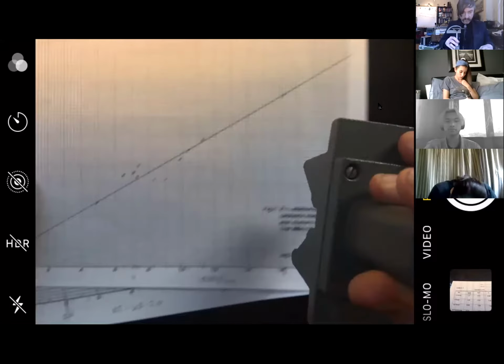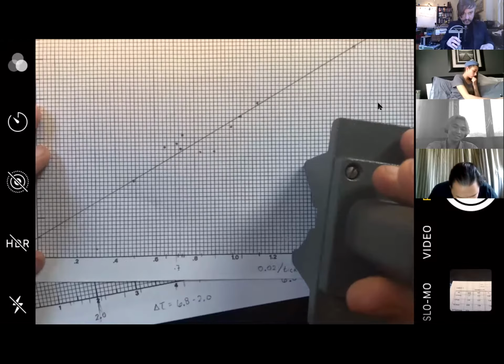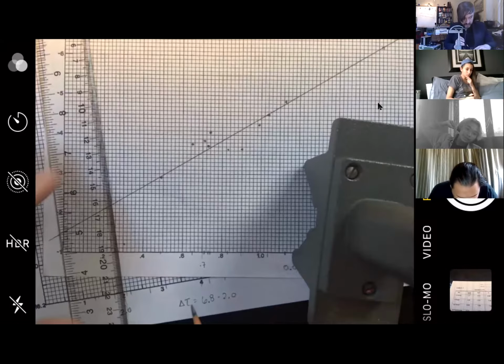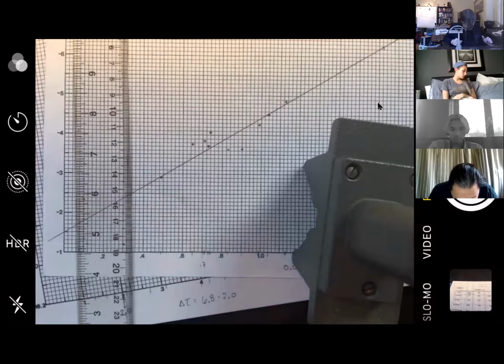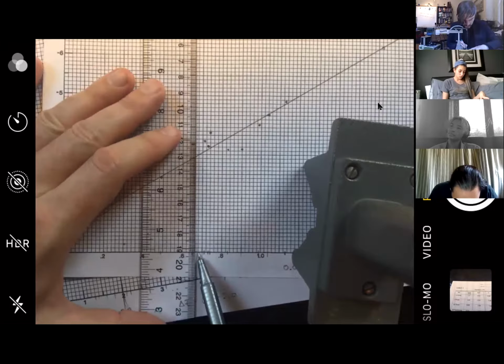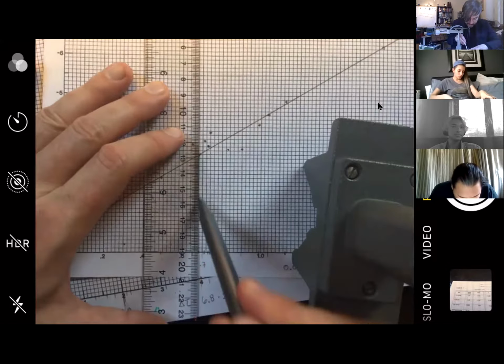Here's how we're going to do this. We're going to use the line. We're going to go to 0.68. I might actually just do this in another color if I have another color handy. Does this teal marker work? Okay, yeah. I'm going to use teal. I'm going to find 0.68, which is there. And I'm going to go right up to the line.